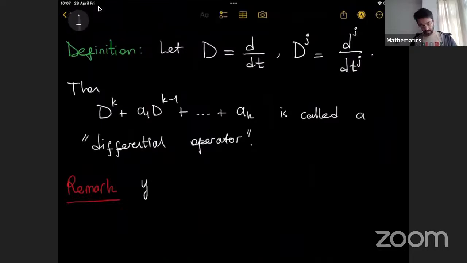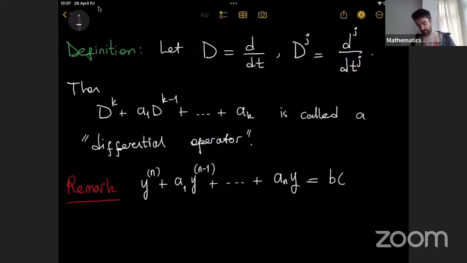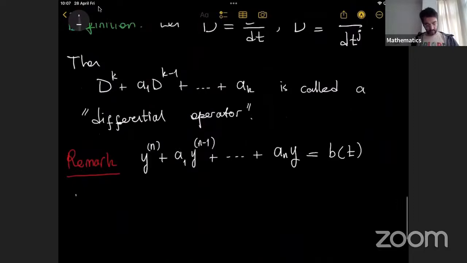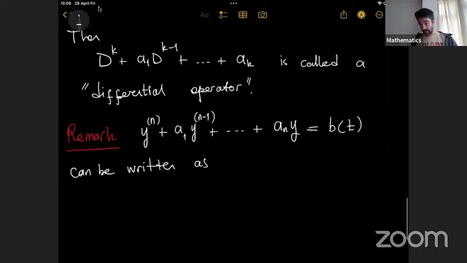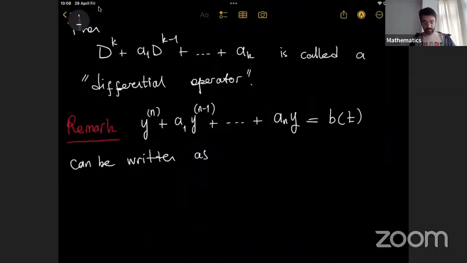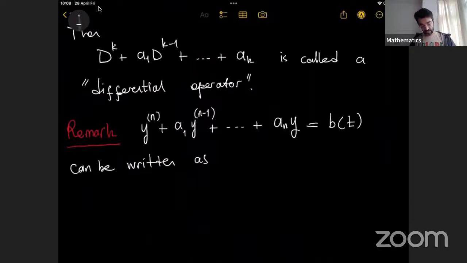This equation, remember we are dealing with this nth order differential equation like this: a_n y = b(t). This can be written as the following. We have a differential operator now, so you apply the nth derivative here.